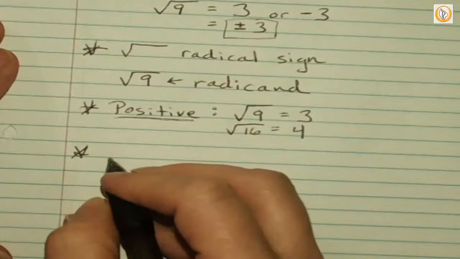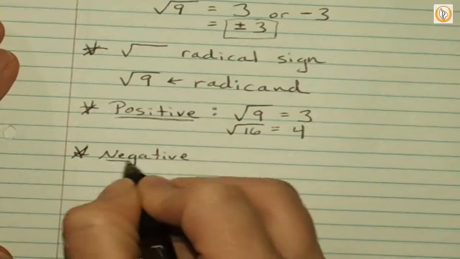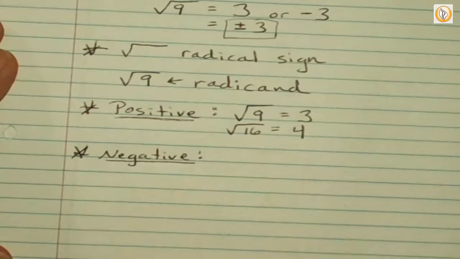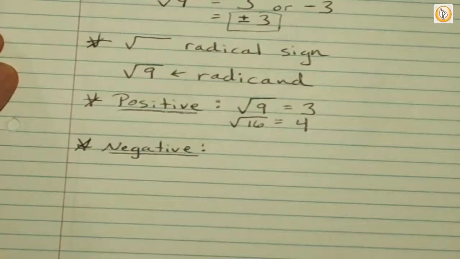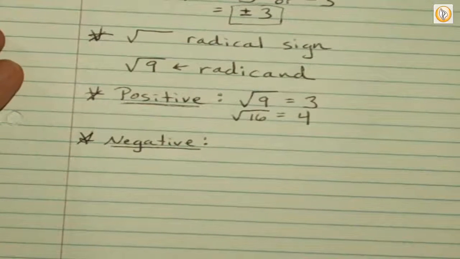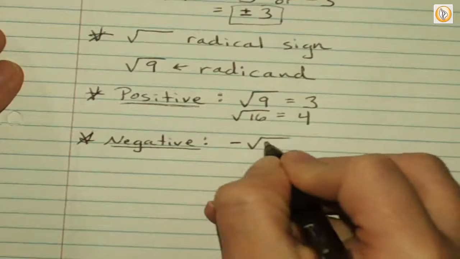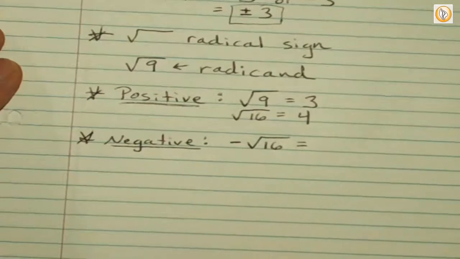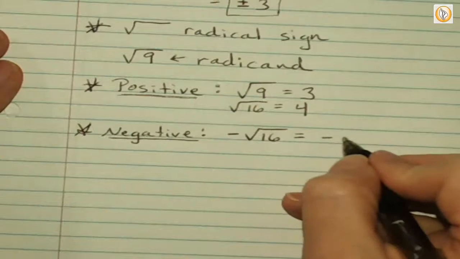Now, if I say negative, that's if I want a negative there. What if I have this? That's going to give you your negative 4.